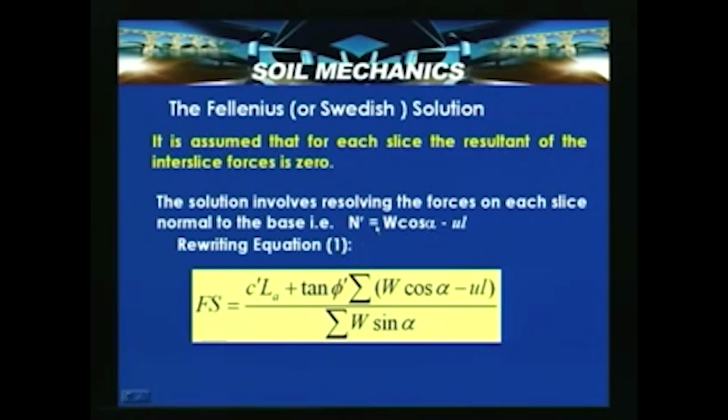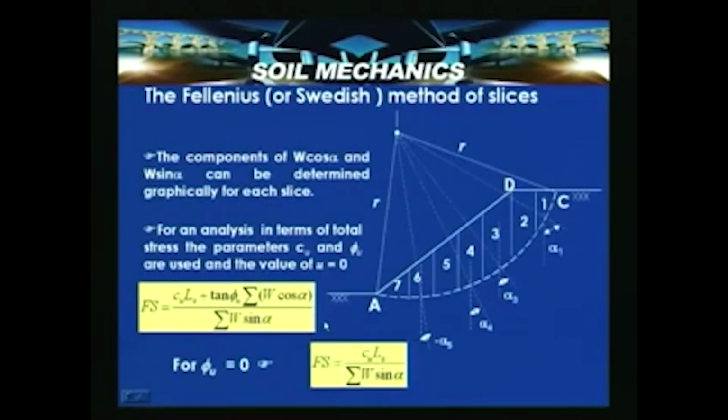So, now substituting for N dash as W cos alpha minus UL in the previous equation, rewriting equation 1, factor of safety can be written as C dash LA plus tan phi dash summation of (W cos alpha minus UL) divided by summation of W sin alpha. So, this we look into further in the form of a figure.